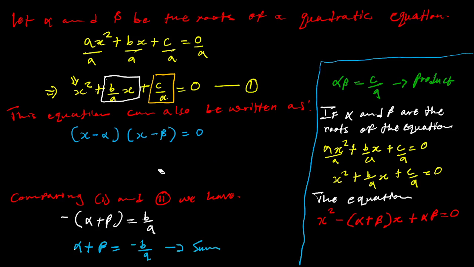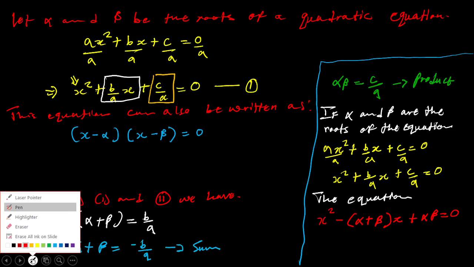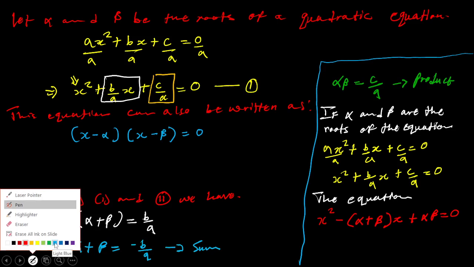What you just have to do is say x minus alpha and x minus beta should be equal to 0. So you put brackets, x minus alpha, and then x minus beta.